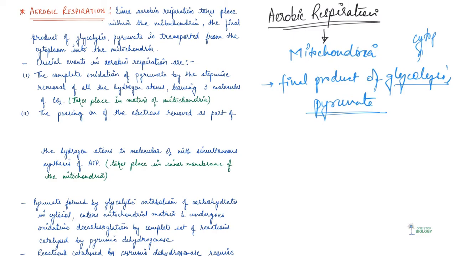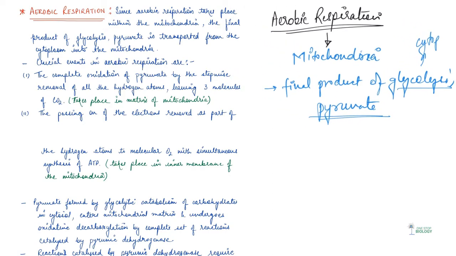So from the cytoplasm, this pyruvate is transported into the mitochondria, right? And then the crucial step of aerobic respiration starts.